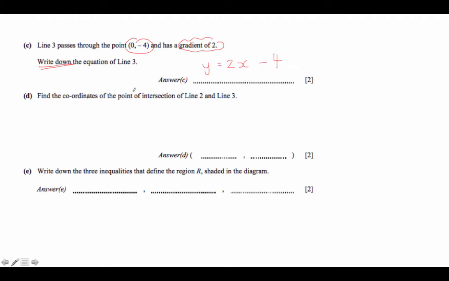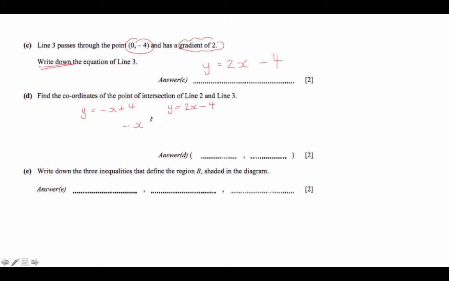Next part says find the coordinates of the point of intersection between line 2 and line 3. Well, earlier we said that line 2 in part B was y equals minus x plus 4, and line 3 has got the equation y equals 2x minus 4. So at the point of intersection, these two things would be equal to each other because they both equal y.